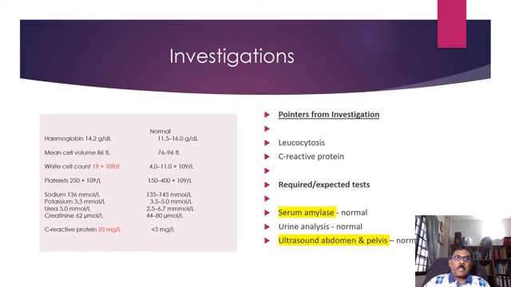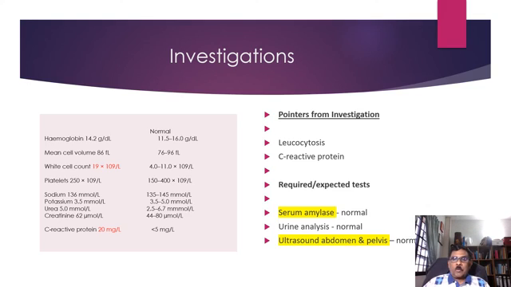Okay, next we carry on with the investigations. In the investigations, white cell count is high, so there's leukocytosis, and C-reactive protein is raised, which suggests an inflammatory and probably infective cause. We would need serum amylase; urine analysis is normal, and ultrasound of the abdomen and pelvis.